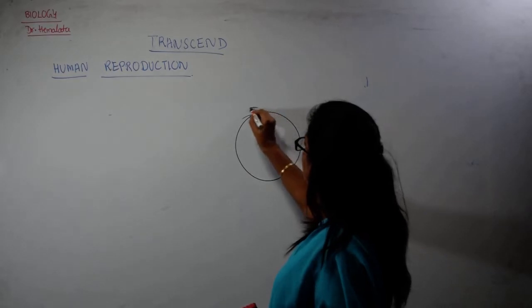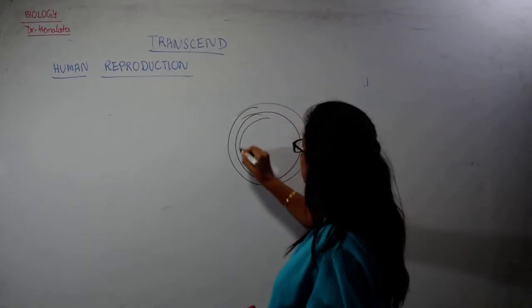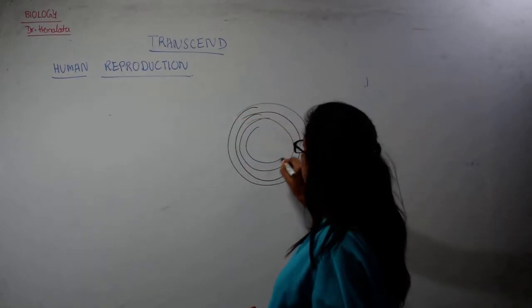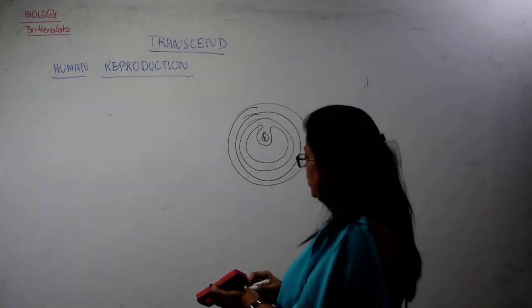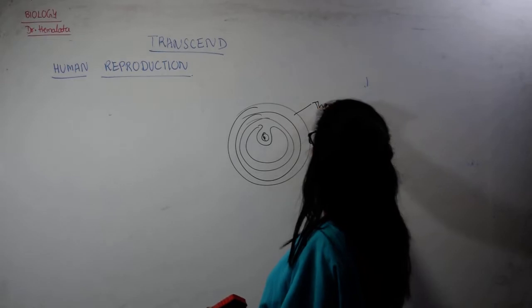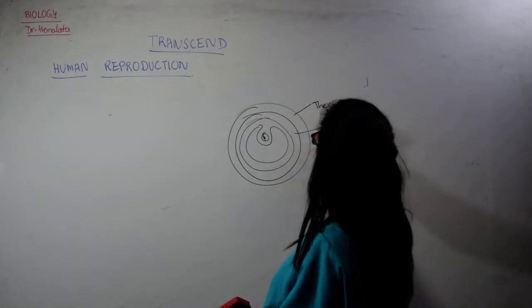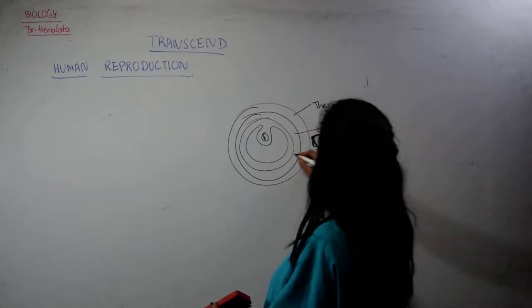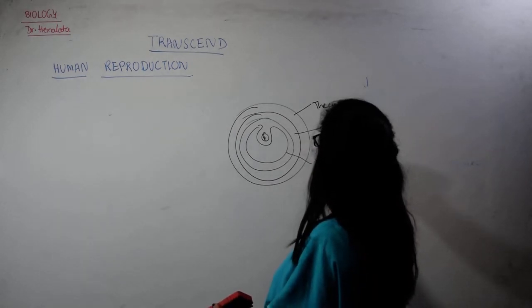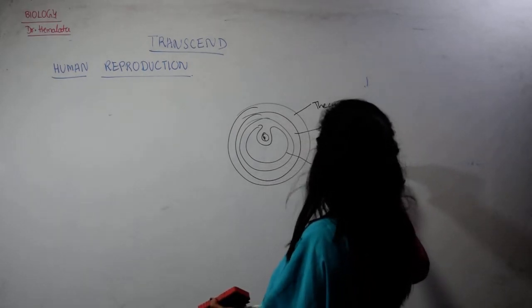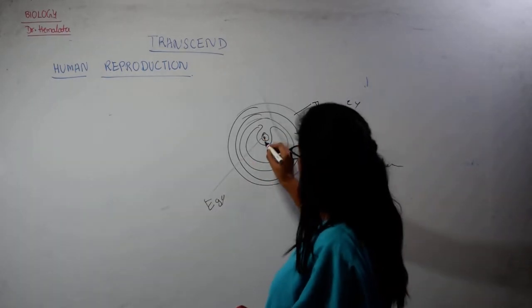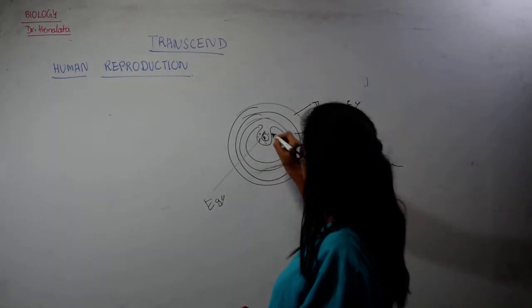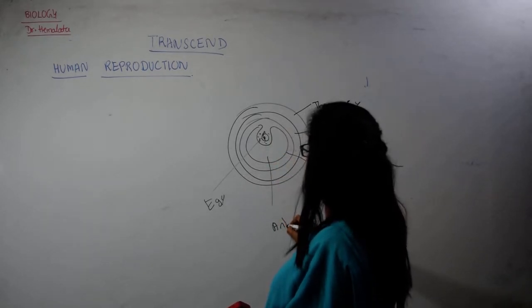Outermost layer theca externa, next layer theca interna, membrana granulosa. This is the egg here. Okay. So here you can see this is theca externa. This is theca interna. This is membrana granulosa. This is the egg. This is the membrana granulosa surrounding this. This is the antrum cavity.